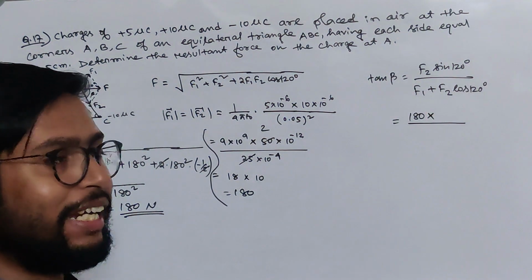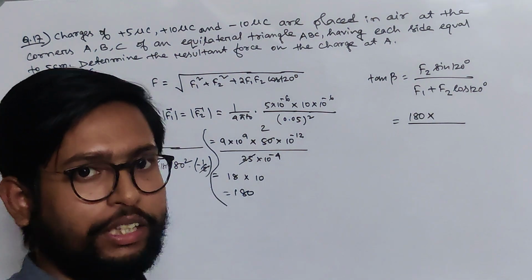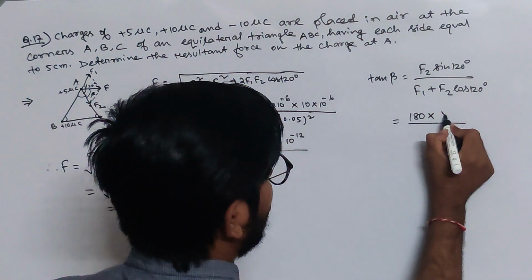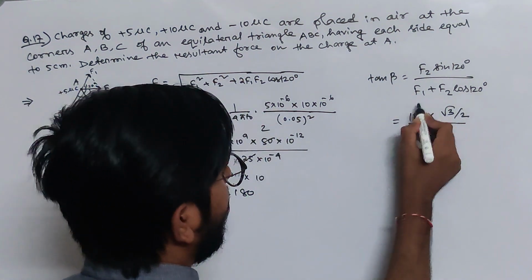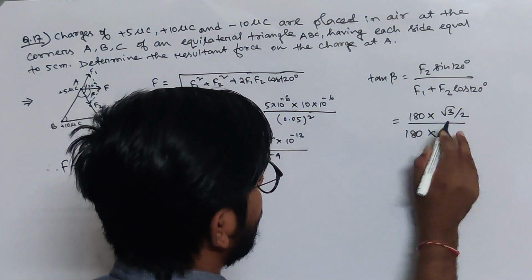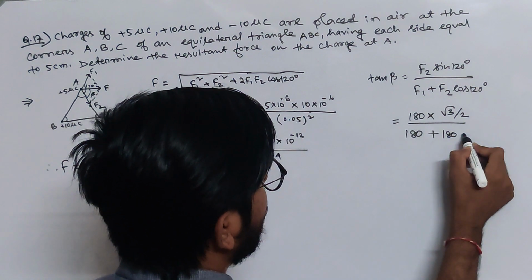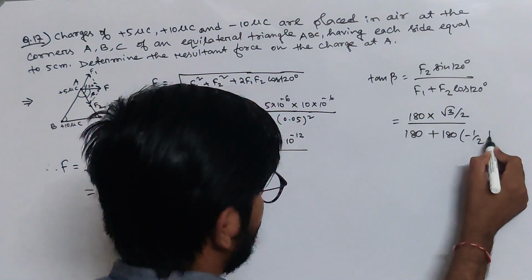Sine 120 is sine 90 plus 30, which is cos 30, and cos 30 is root 3 by 2. F1 is 180, F2 is again 180, but cos 120 is minus half.